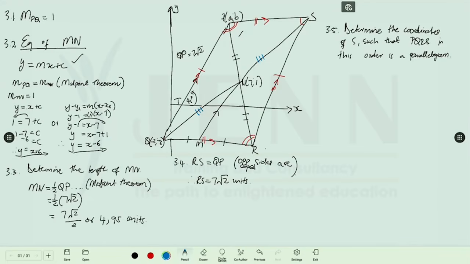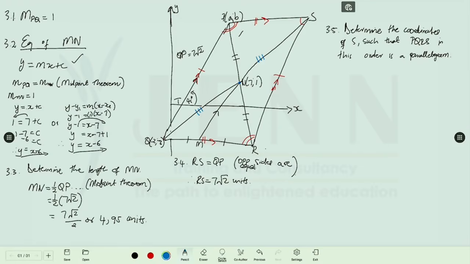Then if QN is equal to NS, it makes point N the midpoint of QS. And since PN is equal to NR, N will also be the midpoint of PR.